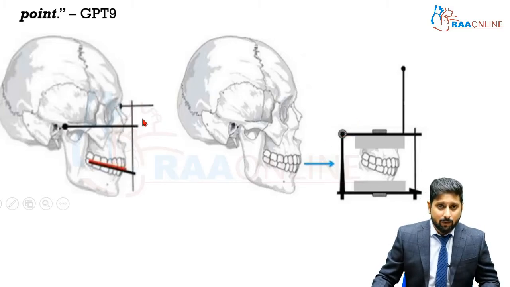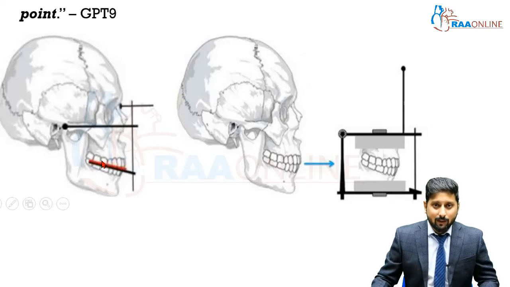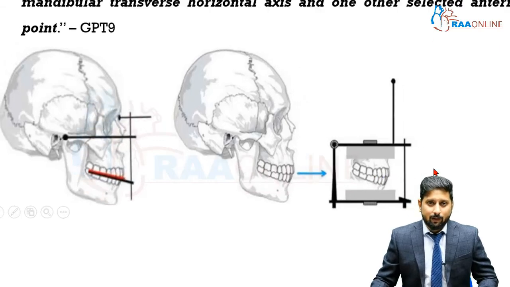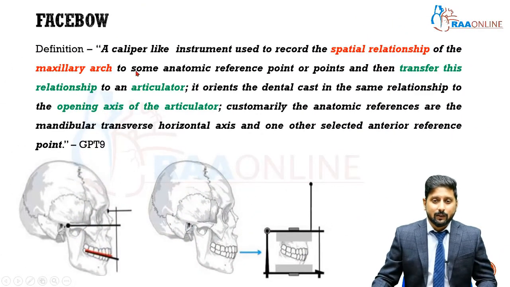The part of the face bow touching the anterior reference will also touch the anterior indicator in the articulator. Hence, this position of the maxilla is now perfectly transferred to the articulator. We have recorded and transferred the spatial relationship of the maxillary arch with the help of reference points.